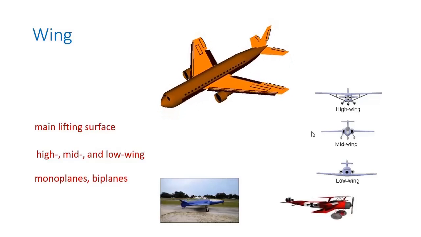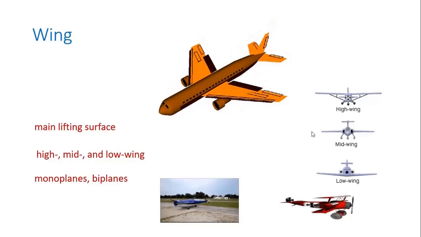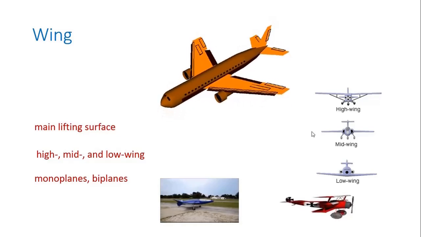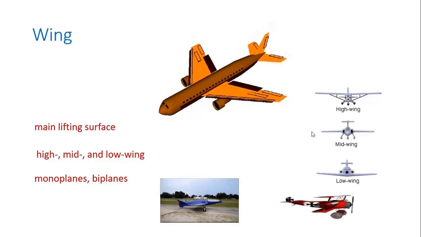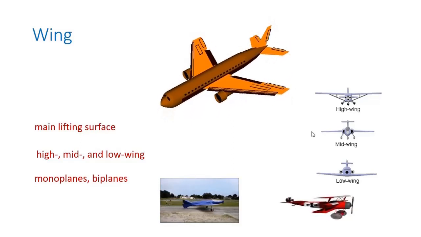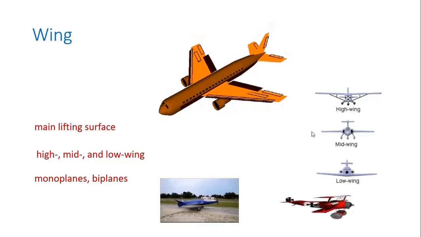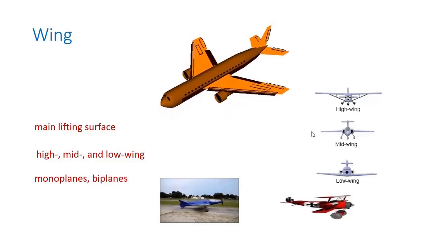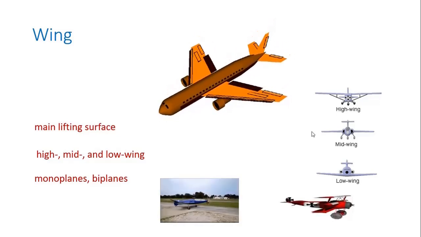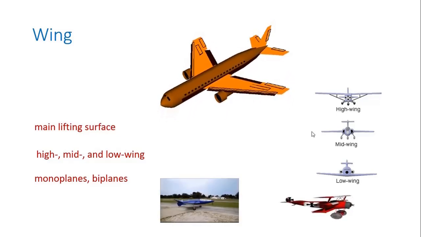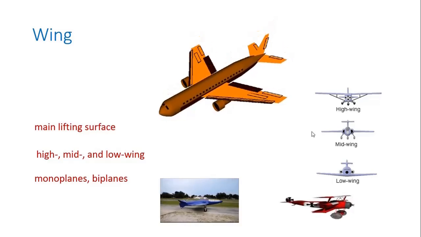The number of wings can also vary. Airplanes with a single set of wings are referred to as monoplanes, while those with two sets are called biplanes. Many high-wing airplanes have external braces or wing struts that transmit the flight and landing loads through the struts to the main fuselage structure.